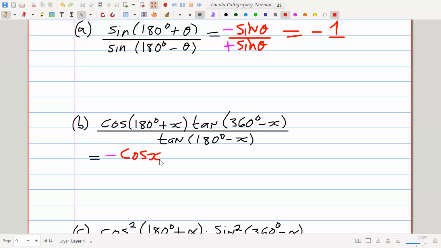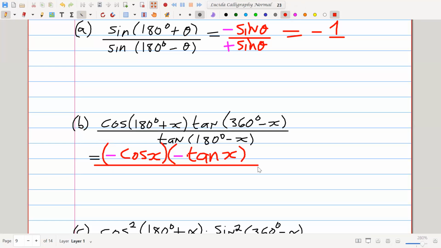So that's the first part, cos of 180 degrees plus x. Then the next thing is, this is multiplied by the tan of 360 minus x. Remember, tan in the fourth quadrant is actually negative. So again, you will have negative tan x. So I'm done with the numerator, then I'm moving to the denominator.